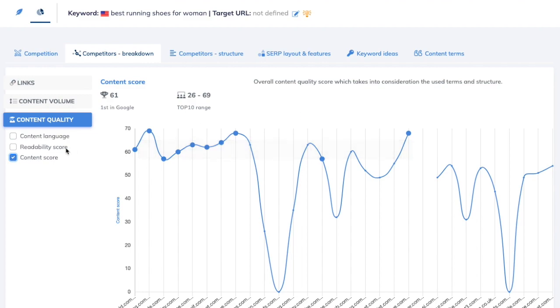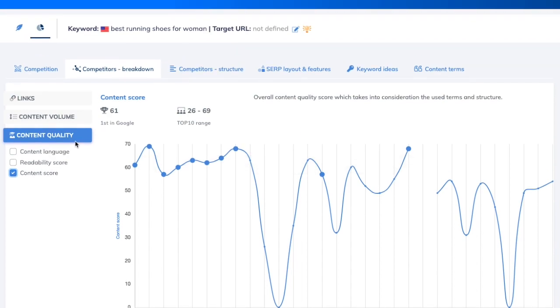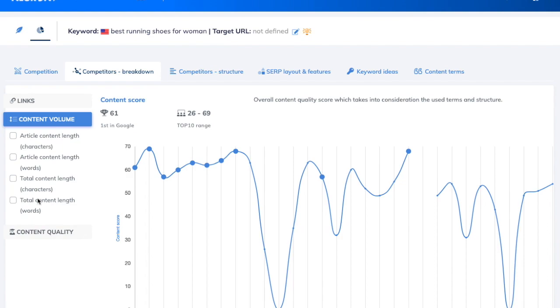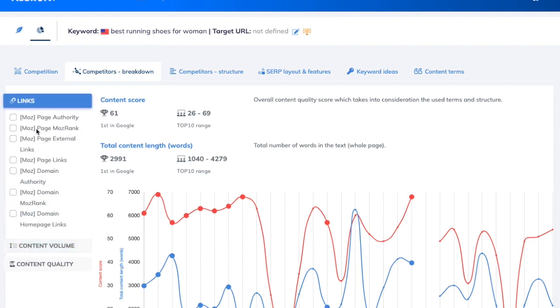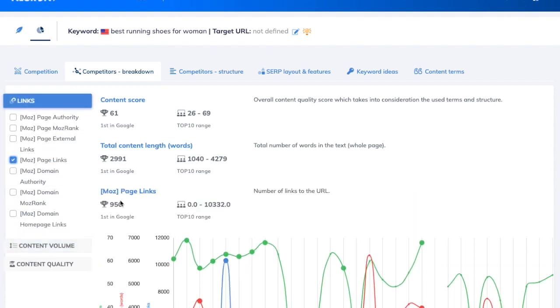Then you have a comparison of your competitors in some kind of graphic representation. As you can see, there is a content score, how good the content score is, for example, how long the content is, and so on, and how many page links they have. So this is information about your competitors that you can probably share with your team to understand if content is enough.